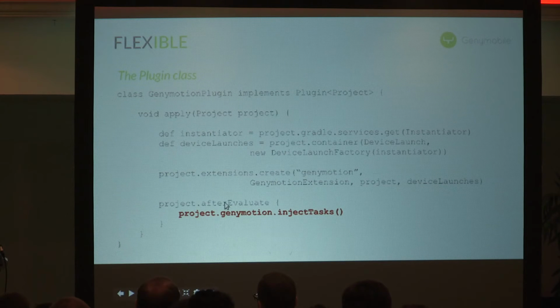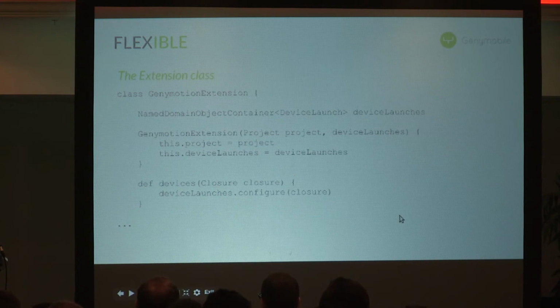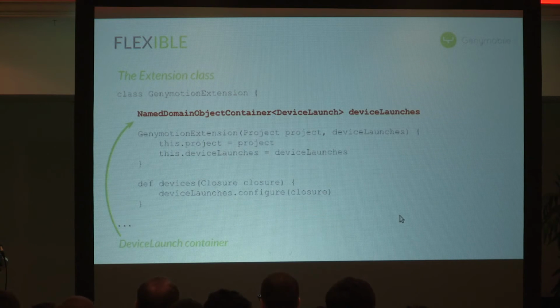And as I told you before, on Genymotion, what we do is inject our task on the after evaluate listener. Okay, this is the Genymotion extension. That's a POJO, as I told you.